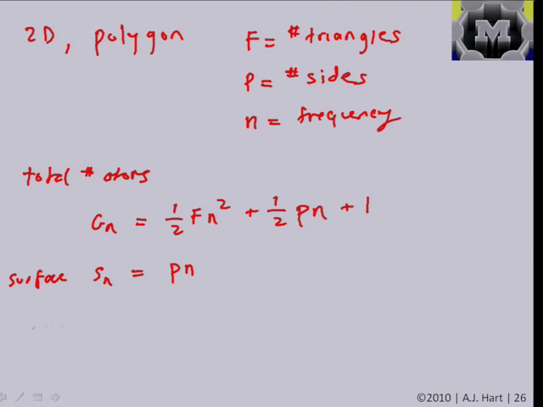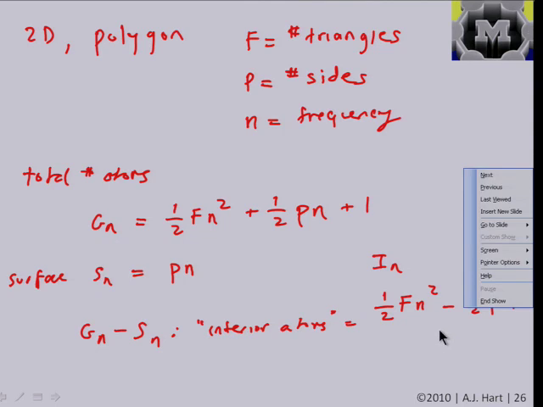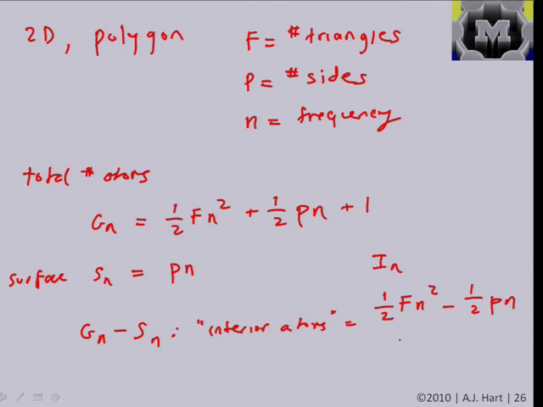And then if we take G and subtract S, we get the number of interior atoms, which we'll call capital I sub n, and subtracting G minus S, we get 1/2 F n squared, and then minus 1/2 P n. And then we retain the plus 1.